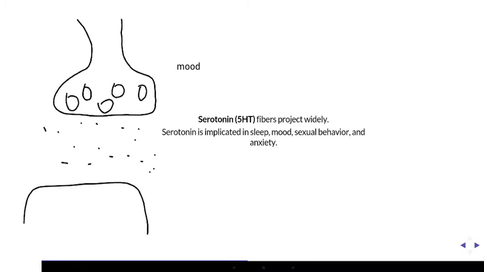So again, every neuron secretes only one neurotransmitter. So if you have a neuron that has serotonin, and that serotonin gets released and binds postsynaptically, in almost all cases, I can't think of a serotonin receptor that's not metabotropic.